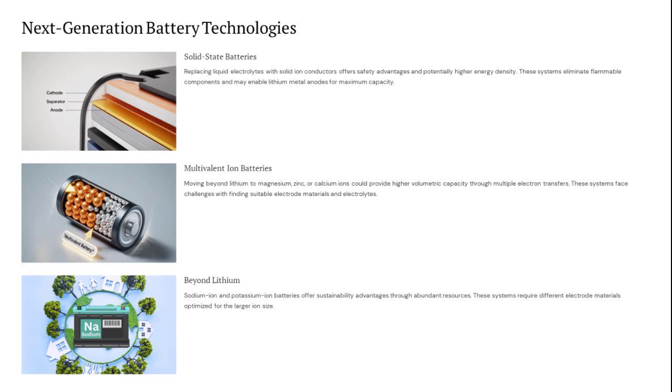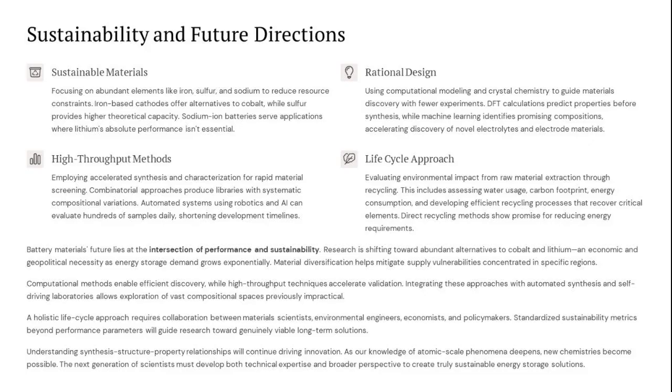Materials design principles. Moving forward, rational design of electrodes and solid electrolytes must thoroughly exploit the interplay between composition, crystal structure, and electrochemical properties. Multivalent ion batteries based on magnesium, calcium, or zinc offer the potential for higher energy density through multiple electron transfers per ion.